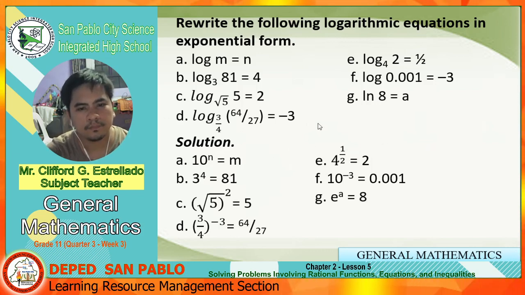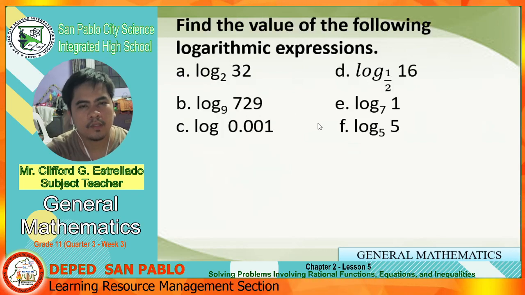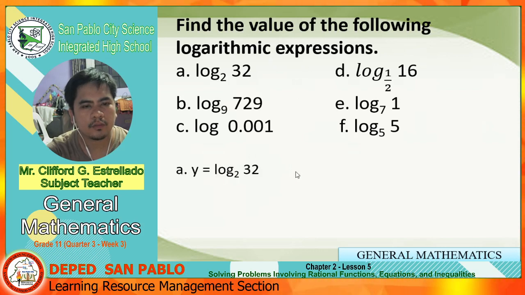Okay? Next. Find the value of the following logarithmic expressions. So letter A, logarithm of 32 with the base of 2. Okay? So we will find the value of the logarithmic expressions. So we have y is equal to logarithm of 32 with the base of 2. So let us rewrite it in exponential form.